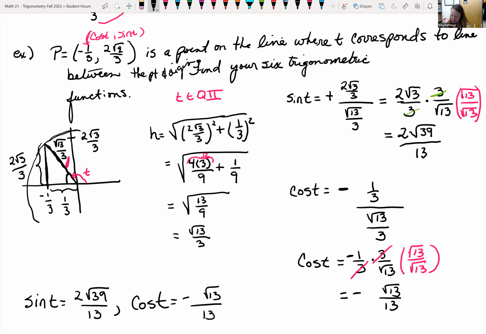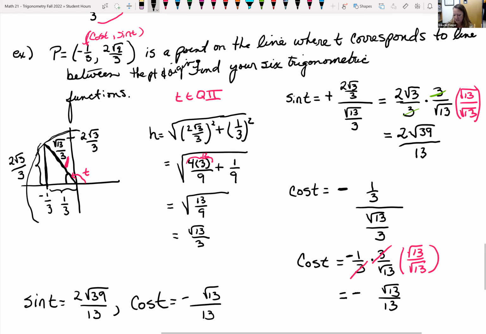Changing the problem to fit our needs right over here, and so now we could just continue on.